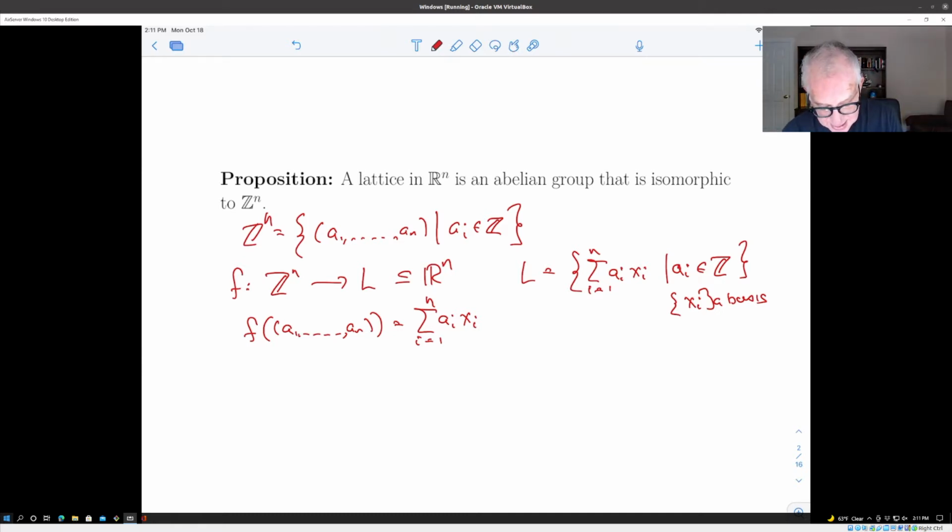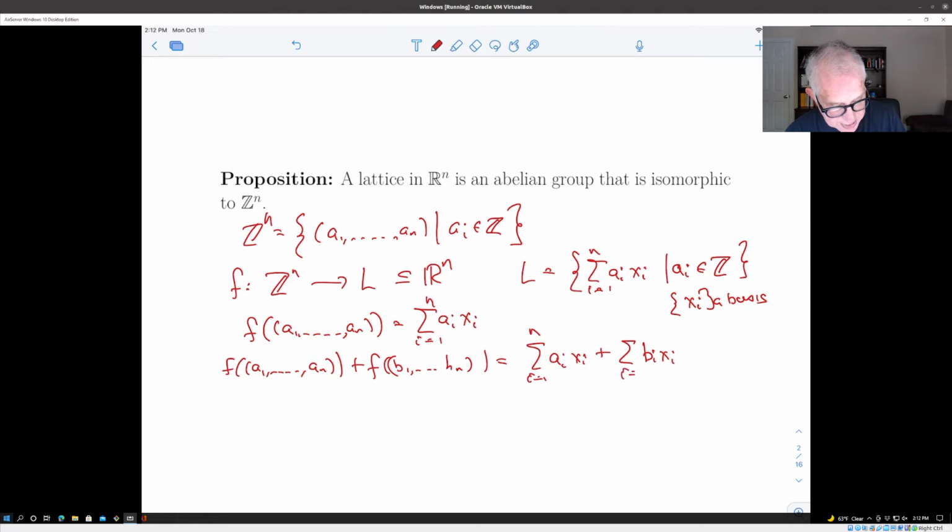And to see that this is a homomorphism, you can check that f(a1, ..., an) plus f(b1, ..., bn) is the sum of ai xi, i equals 1 to n, plus the sum of bi xi, i equals 1 to n.